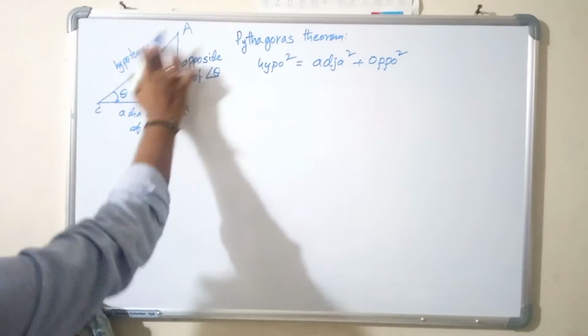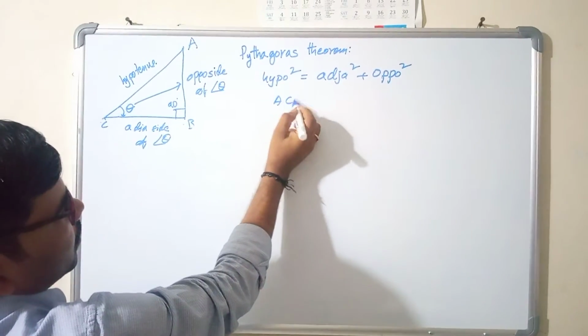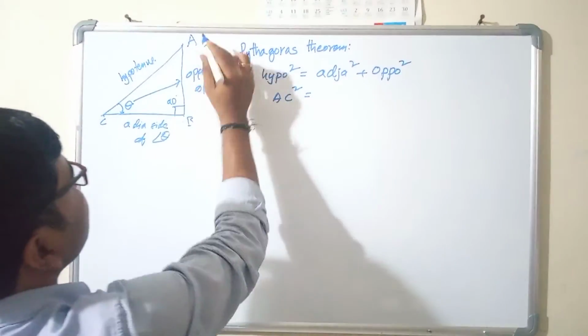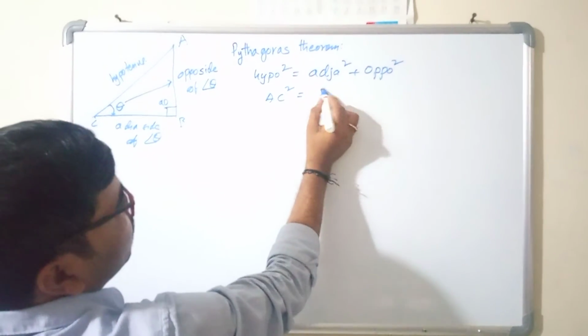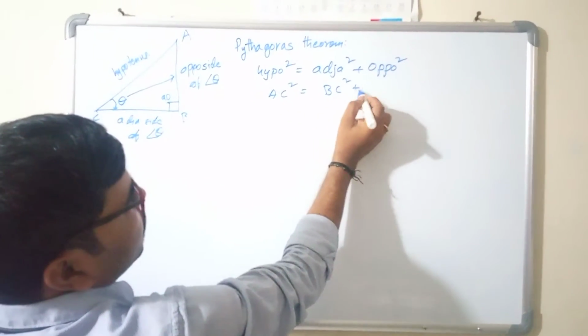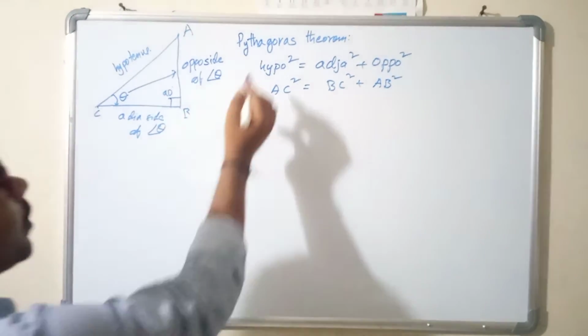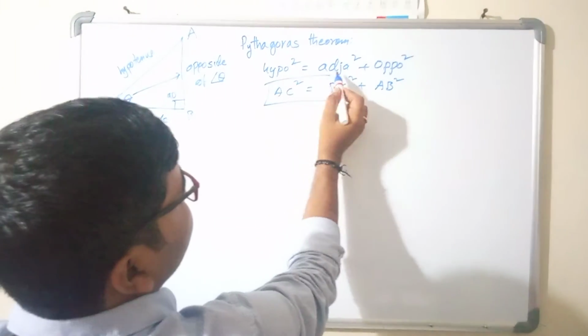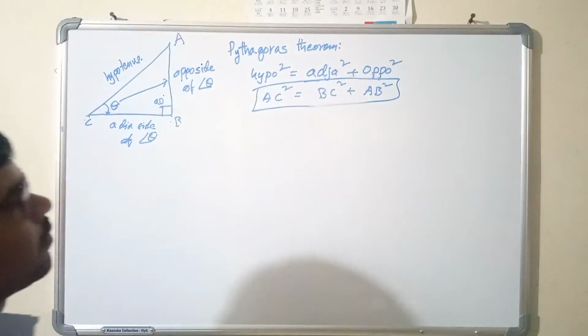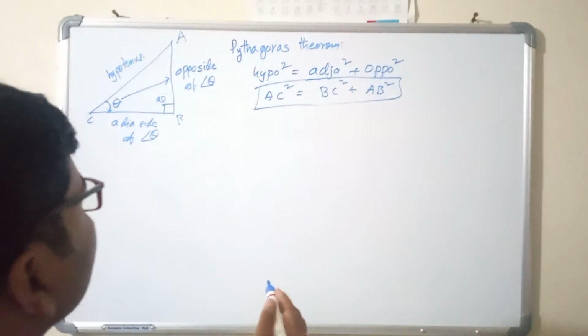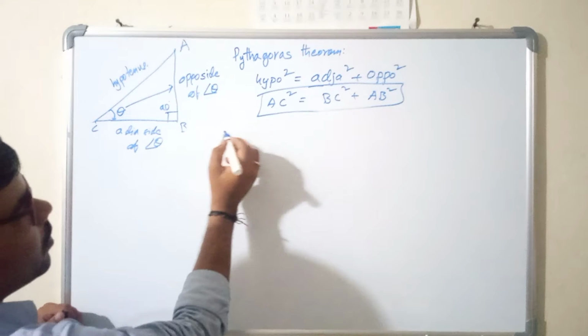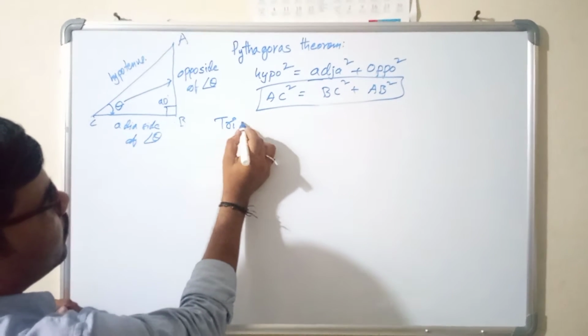Here the hypotenuse is AC, so AC whole square equals the adjacent side BC square plus the opposite side AB square. This is the formula for the Pythagoras theorem. Next, coming to the trigonometric identities.